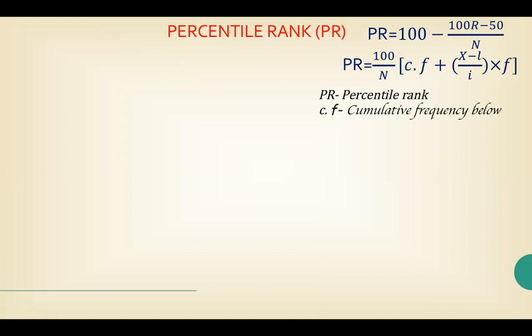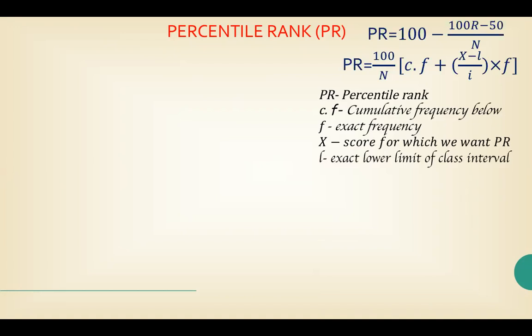CF is the cumulative frequency below that percentile class in the grouped data, and F is the exact frequency. X is the score for which we want to calculate the percentile rank. L is the exact lower limit of the class interval, N is the total number of frequencies, and I is the size of the class interval.